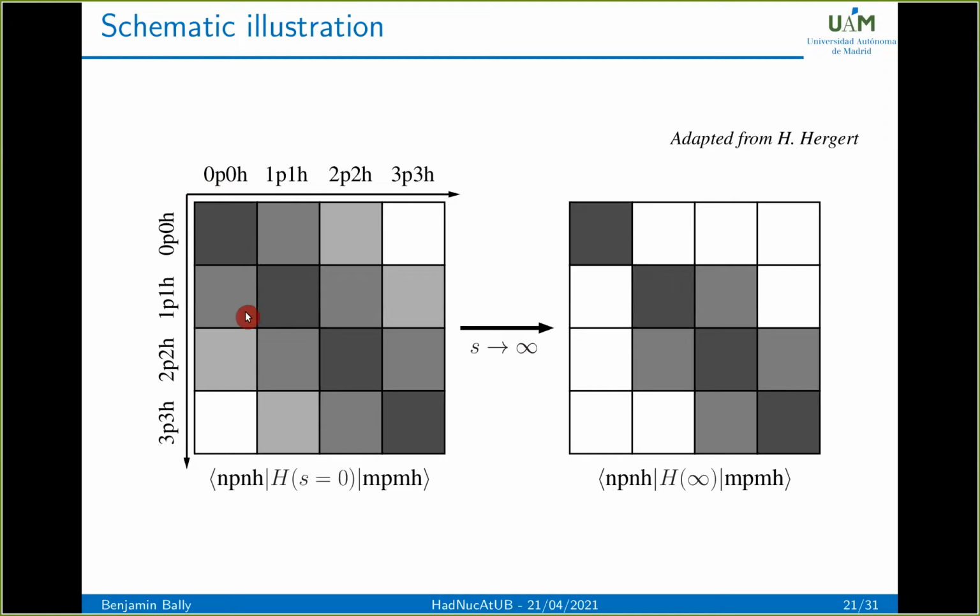If I start with this matrix and I evolve, I will uncouple: here in white, the matrix elements are 0. I will uncouple my reference state from all the excitations. In principle, if you evolve toward infinity, the expectation value of your reference state will be the exact ground state of your Hamiltonian. That's also one of the very nice features of this method.